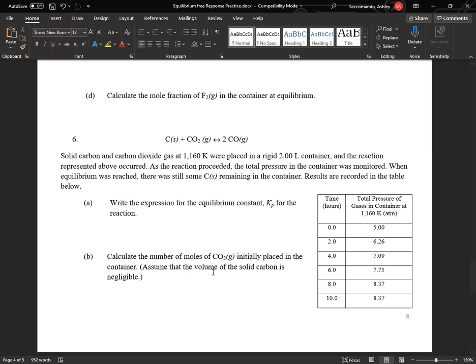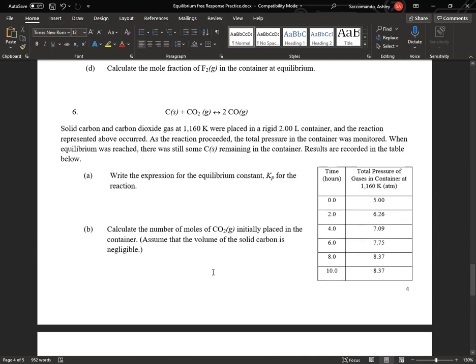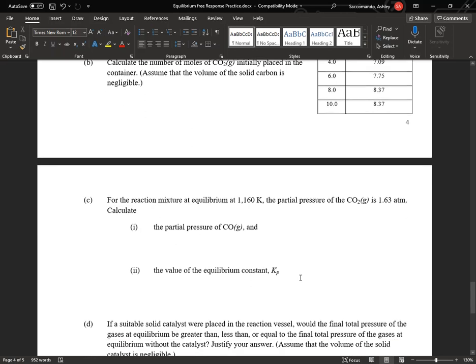Calculate the number of moles initially placed in the container. Assume the volume, okay, and so yeah, you would be able to work backwards from the total pressure here, and partial pressure, value of the equilibrium constant.